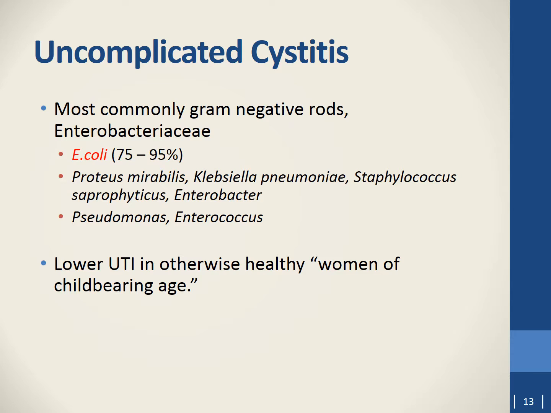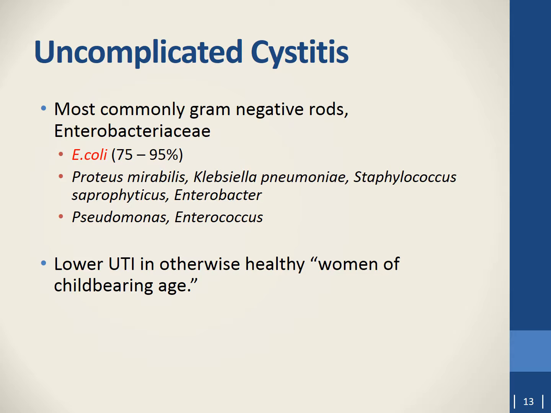So most commonly in UTI, you'll see our Enterobacteriaceae. And in fact, 75 to 90% of UTIs, based on where you look for prevalence, will be caused by E. coli. So that's our primary bug.